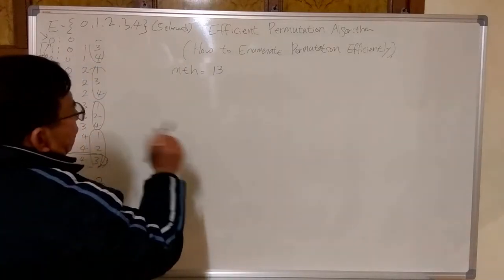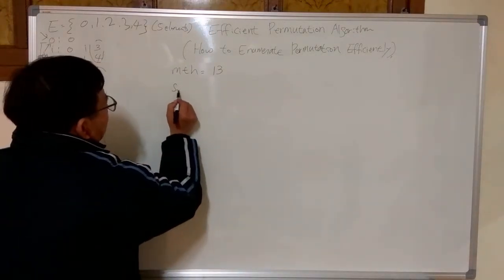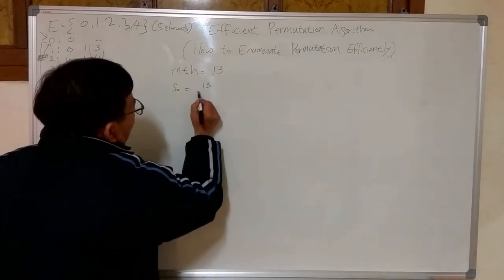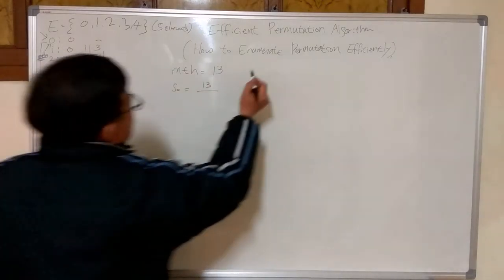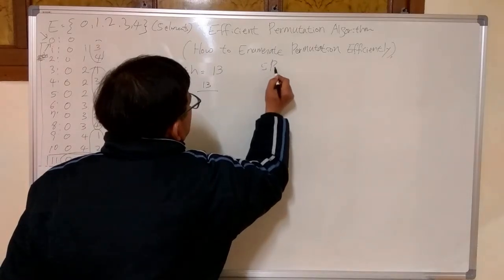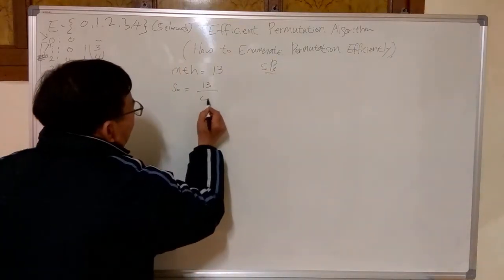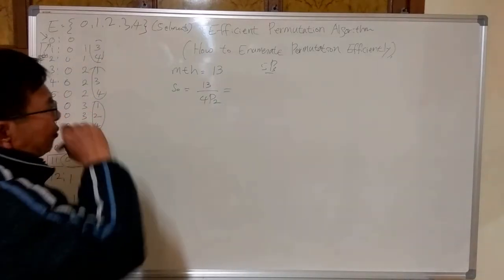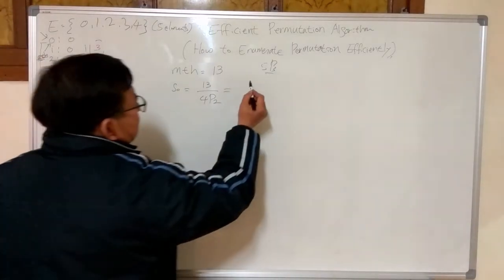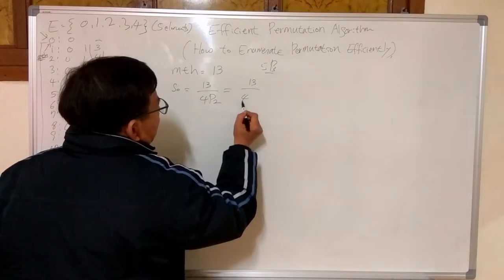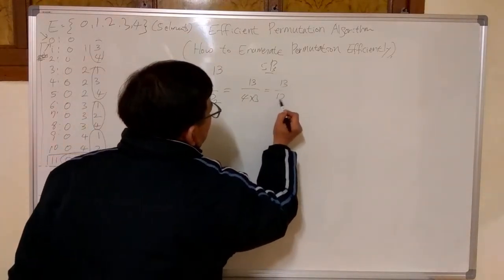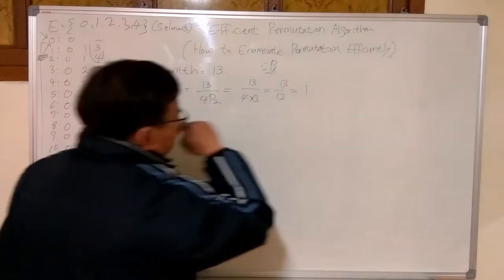We compute S0 like this, S0, the first element, 13 over 5P3. We now try 4P2, like this. Then 13 divided by 4 times 3, which is 12. Quotient is 1.